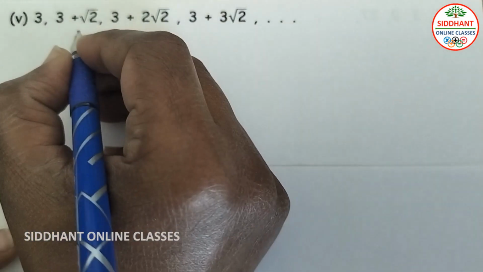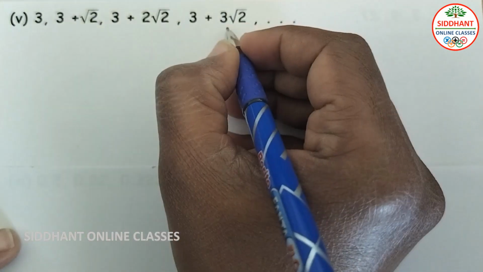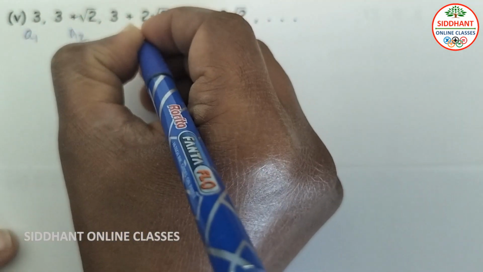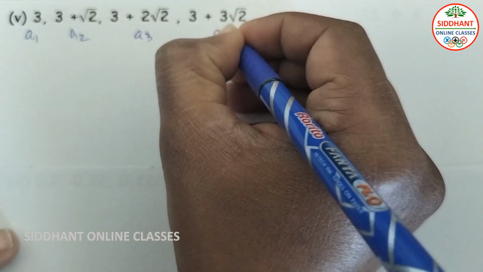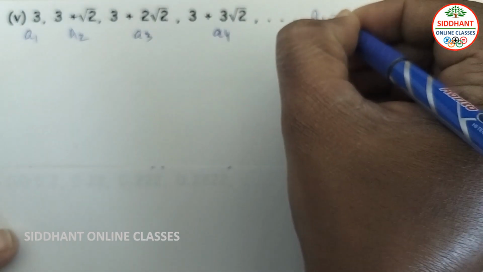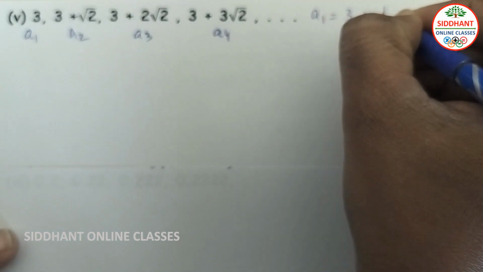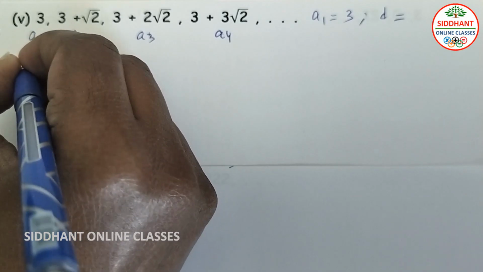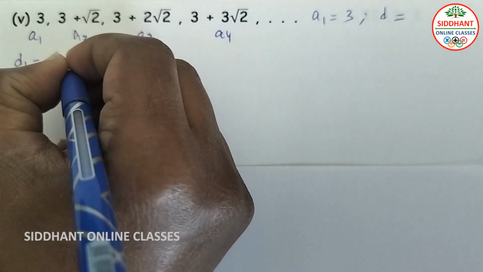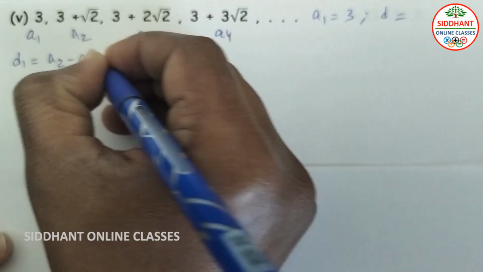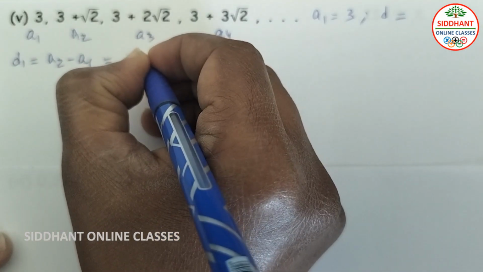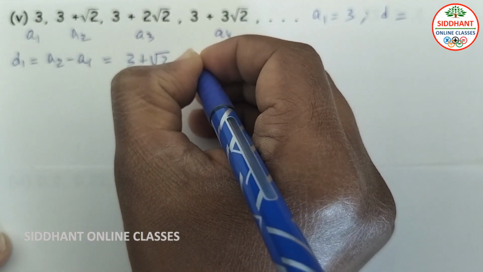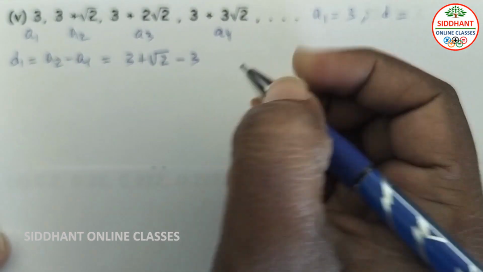Fifth one: 3 plus root 2, 3 plus 2 root 2, 3 plus 3 root 2. So let it be A1, A2, A3, A4. A1 is equal to 3 and we are going to find out D here. Now D1 is A2 minus A1. So that is equal to 3 plus root 2 minus 3 here.